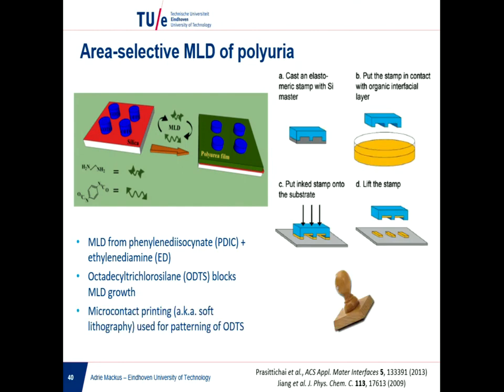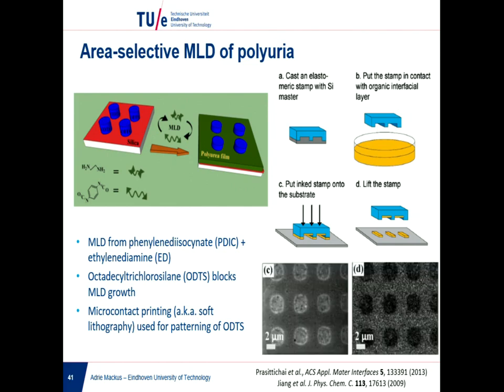In this study, they used a different patterning approach to deactivate the surface with the self-assembled monolayer. This is micro-contact printing, also known as soft lithography. Basically you use a stamp, put it in a solution, and then stamp this solution containing the self-assembled monolayer monomers on the surface. So then you have a pattern with self-assembled monolayers, and then you can perform deposition, and that's what they did here.